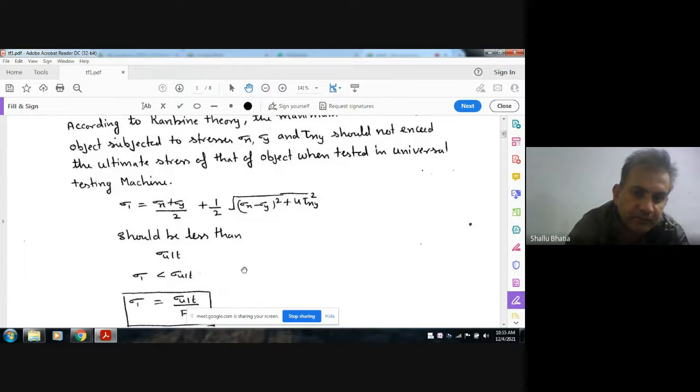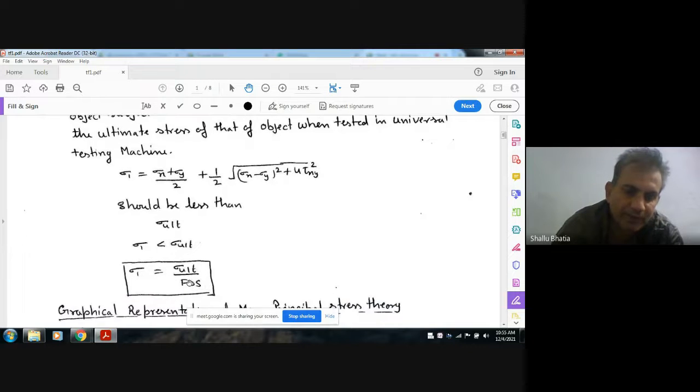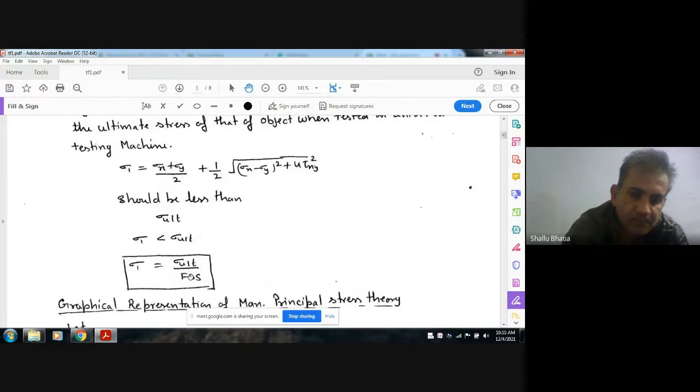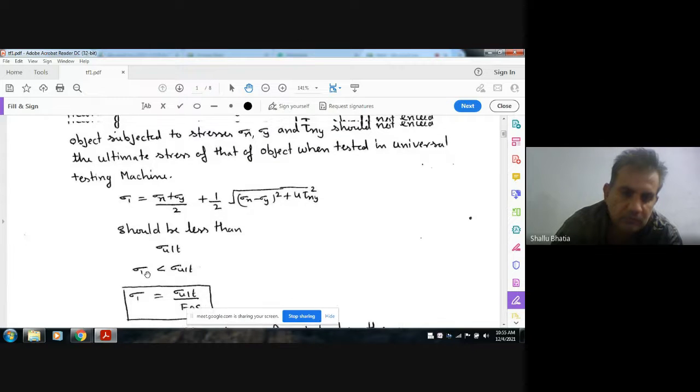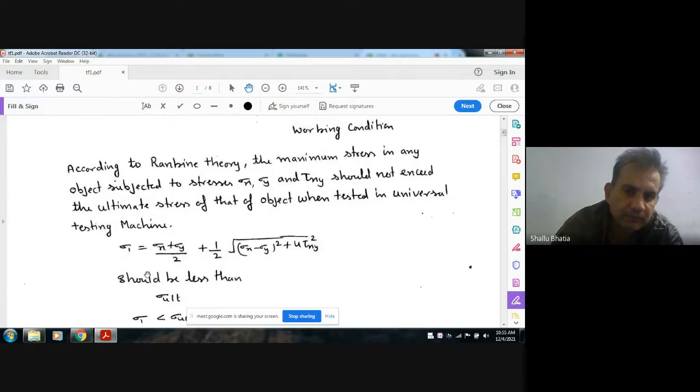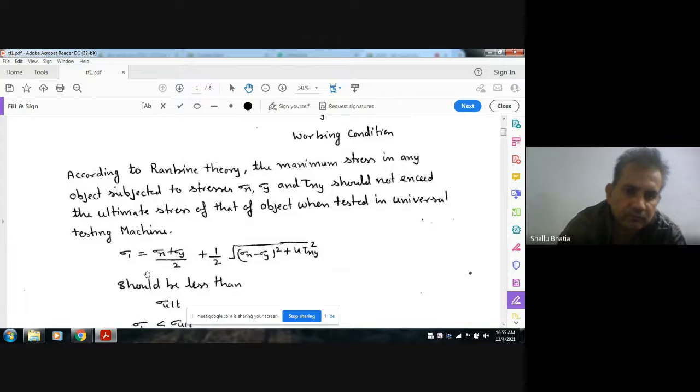So sigma 1 should be less than sigma ultimate to prevent failure. We introduce a new term, that is factor of safety. If we divide ultimate stress by factor of safety, then it will be equal to the working stress. So the working stress should not exceed sigma 1, to prevent failure.